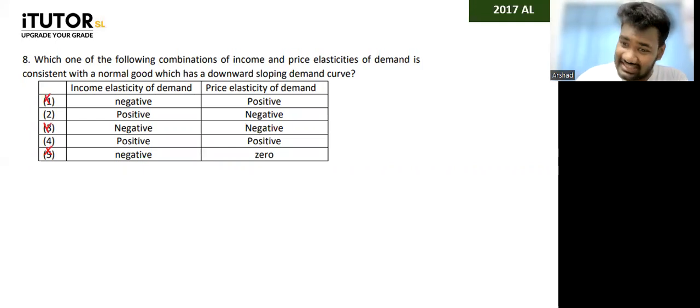When price increases, QD will go down. If you put in the PED equation, change in QD over change in P, one of them is going to be minus. So given that, you have answer number 2. Is that okay? Straightforward, easy one.